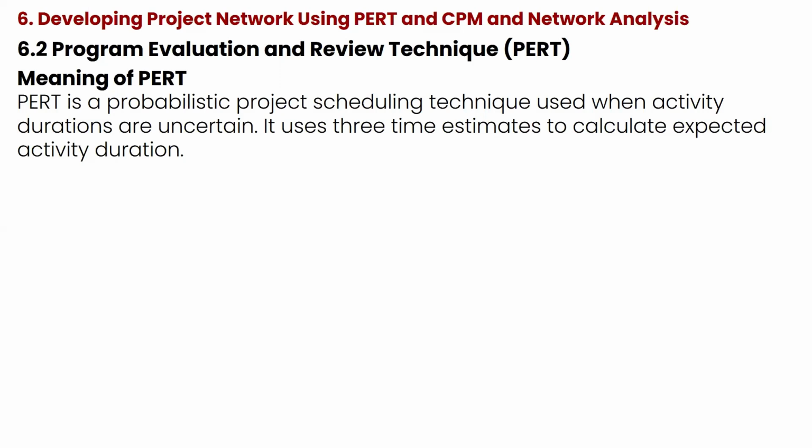So we say PERT is a probabilistic project scheduling technique used when activity durations are uncertain, and we use 3-time estimates to calculate expected activity duration. Not project duration per se. We have to know the activity duration. It is the duration you spend in each activity that will determine the overall time you spend on the project.